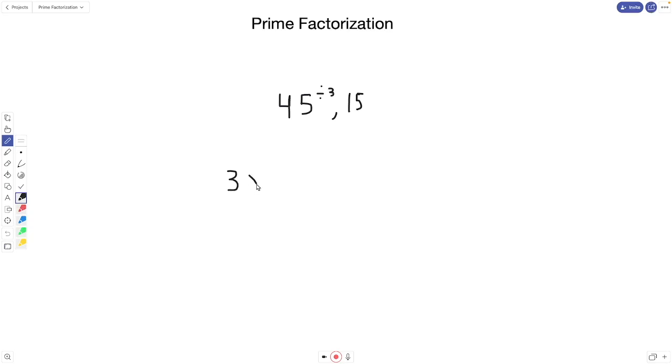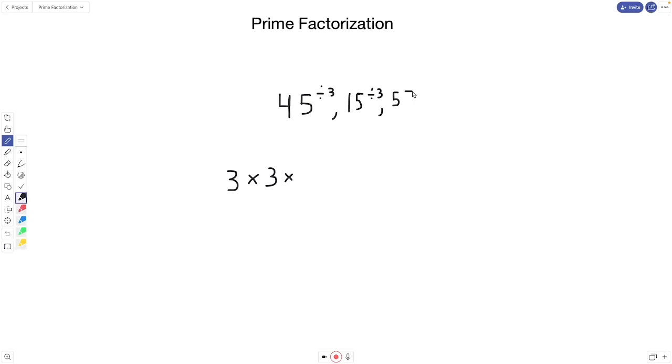Okay. Now, what is the lowest number that goes into 15? Well, guess what? It's going to be actually 3 again. All right, so we're going to divide 15 by 3. That's going to give us a 5. And we're going to write a 3 again right here. Now, what is the lowest number that goes into 5?